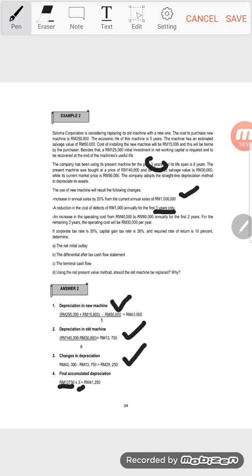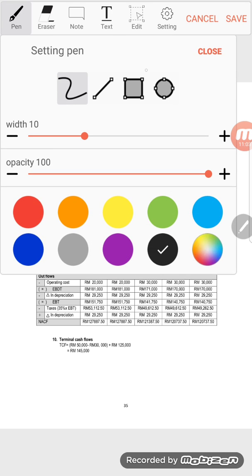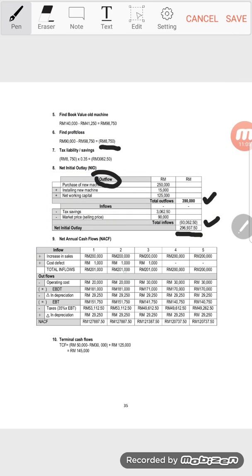But for the rest, there is no cost of defect. Only year 1, year 2 and year 3. So there is no cost of defect for year 4 and year 5. So there is no consistency, because this only involves the first 3 years.